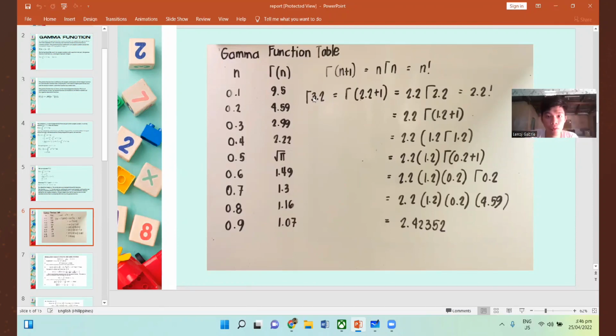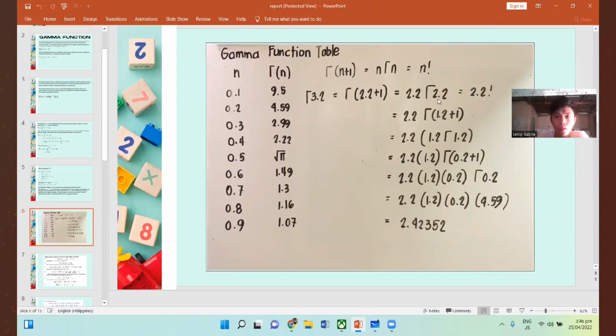So given examples, gamma of 3.2 is equal to gamma of 2.2 plus 1. So we are going to sundan itong mga na dito sa taas yung formula. So 2.2 plus 1. Kasi nga, kung bakit naging 2.2 plus 1, di ba nga, kapag kukunin natin yung factorial niya, we are going to lesser than 1.